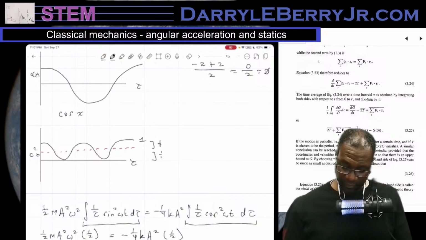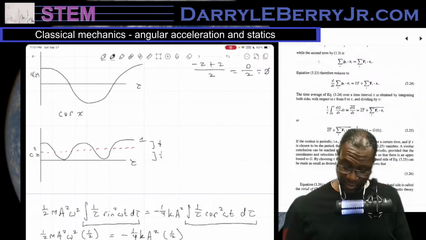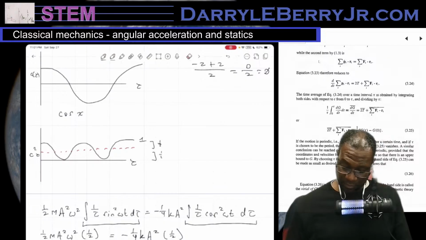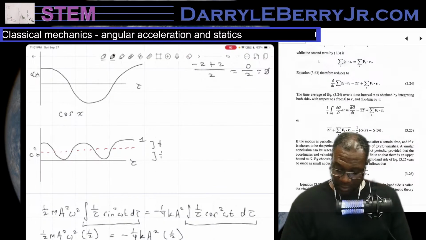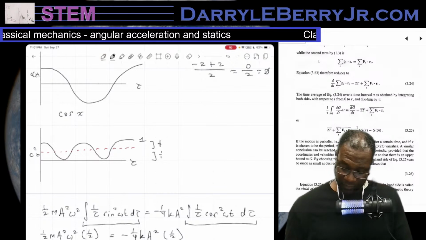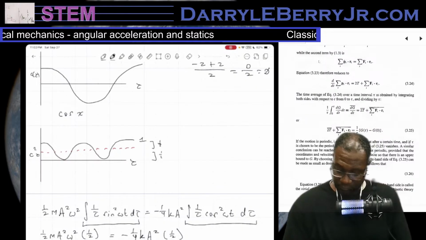This becomes 1/4 m a squared omega squared equals 1/4 k a squared. Oh, 1/8. All right, the a's cancel, so we have 1/4 m omega squared equals 1/8 k.